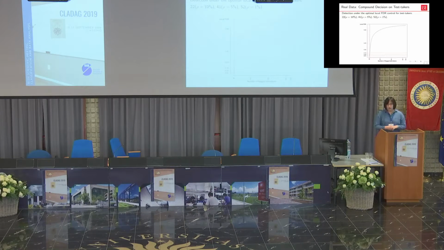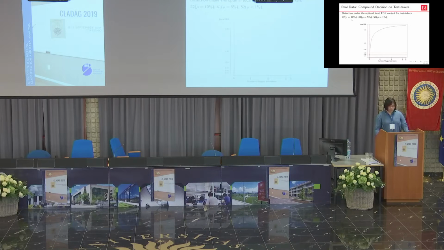So now we move on to the compound decision. In this case, we use all the information, including the test takers. So the horizontal axis is the number of test takers flagged by our decision-making procedure, and the vertical axis is the local FDR rate.